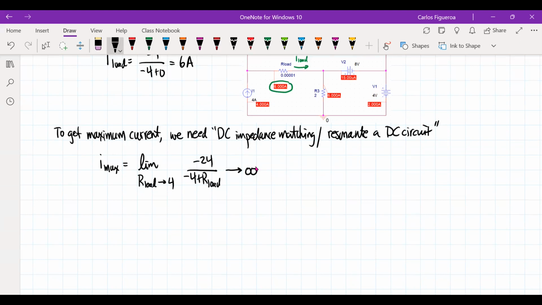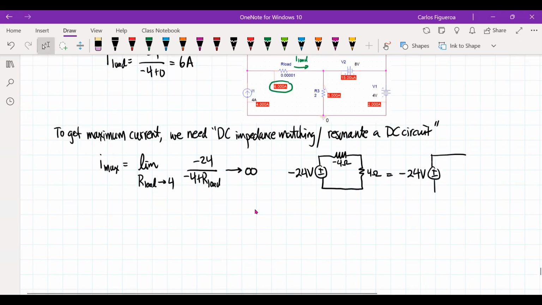And it makes sense circuit-wise. If I look at this thing, this is equivalent to taking my 24-volt source, here's my resistance. This guy is 4 ohms, this guy's minus 4 ohms. So I am going to get maximum because now I essentially do what?